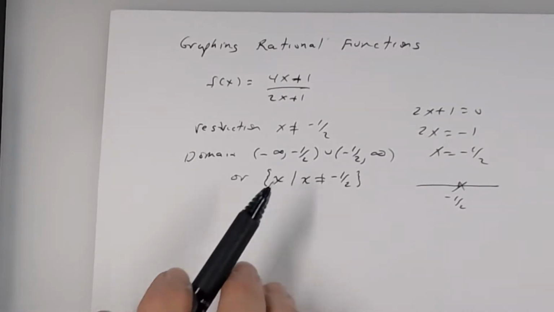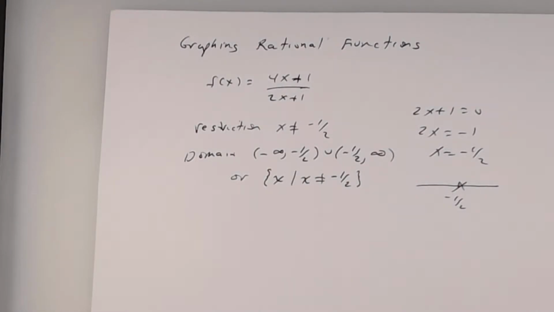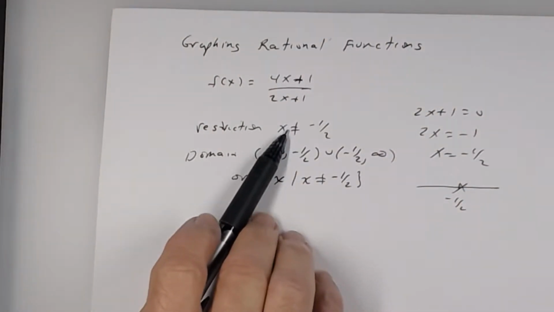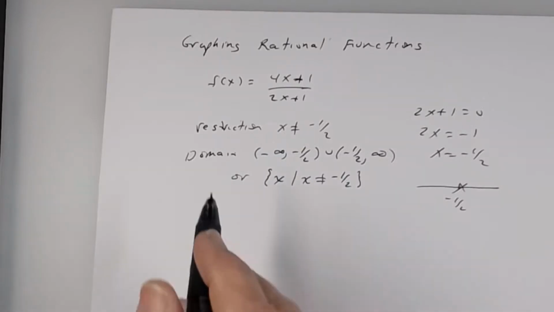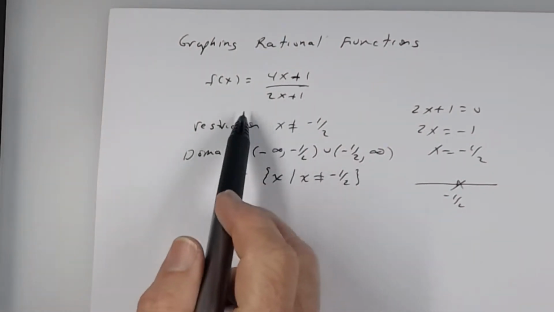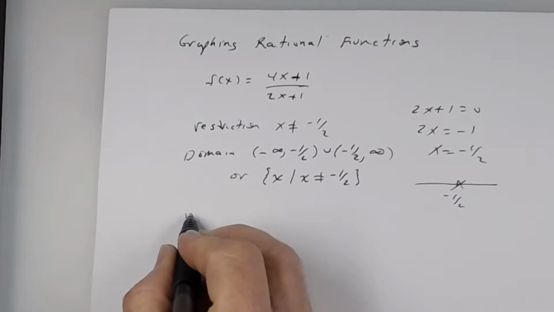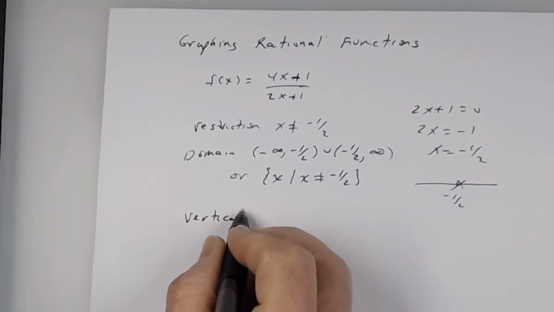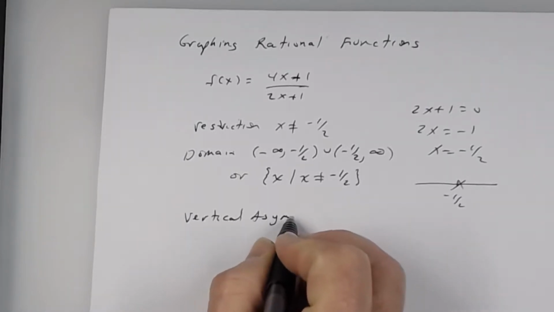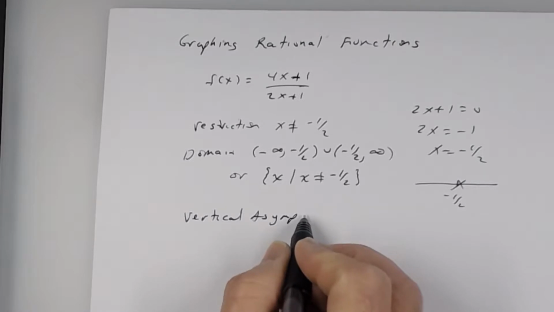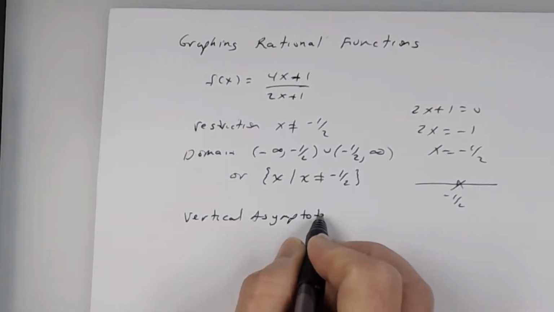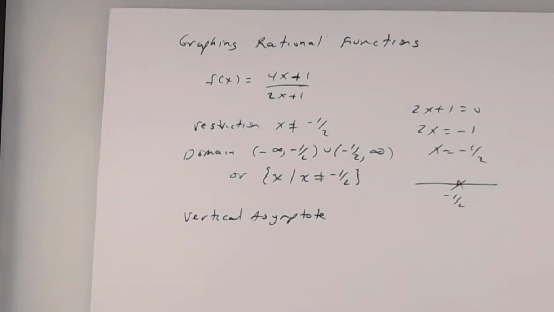Well, it turns out that in terms of a rational function, this restriction is your vertical asymptote. So your vertical asymptote is always going to be your restriction.